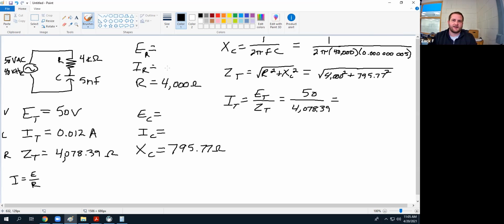Which means that IR equals 0.012 amps and IC equals 0.012 amps. Now we can use Ohm's law to solve for both of these, right? E equals I times R. So resistive voltage equals current through the resistor times the resistance.